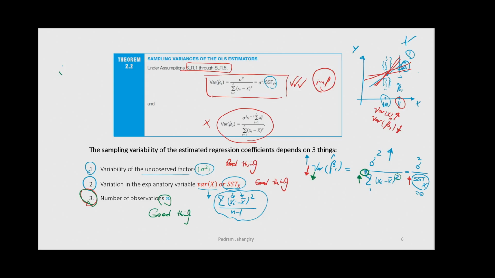I want you to understand the intuition of this variance of beta hat 1 very, very deeply, because it is important. It has huge application when it comes to hypothesis testing. It has directly something to do with the significance of your coefficients, constructing confidence intervals for your coefficients, and so on. This is very important.